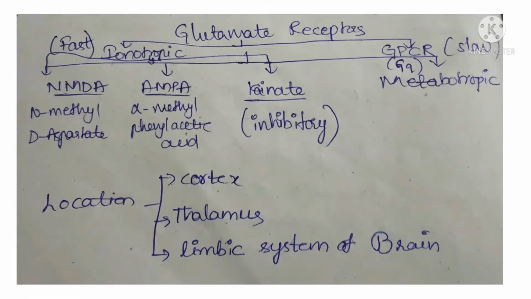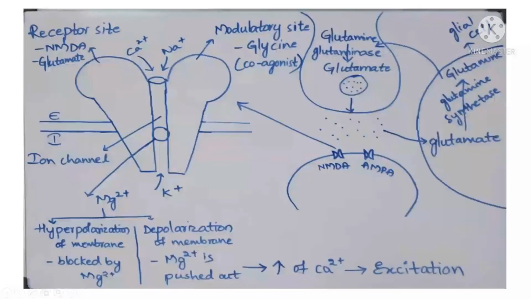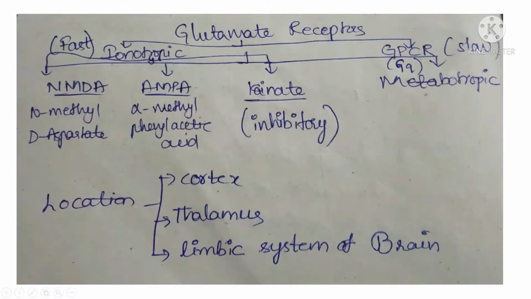These three are fast acting, because whenever glutamate acts on these receptors, the response is very fast, the final cellular effects are very fast. Whereas under G-protein coupled, the response is very slow, so we call them slow.